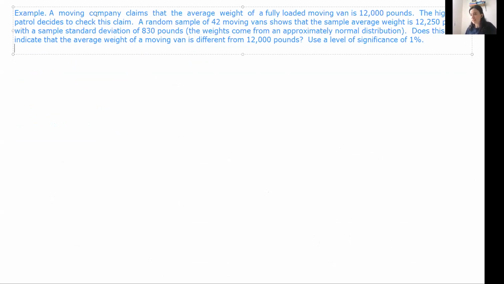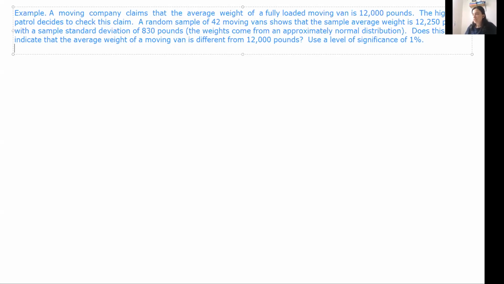The highway patrol decides to check this claim, and a random sample of 42 moving vans shows that the sample average weight is 12,250 pounds with a sample standard deviation of 830 pounds. The weights come from an approximately normal distribution, and we want to test whether this indicates that the average weight of a moving van is different than 12,000 pounds. We're going to use a level of significance of 1%.